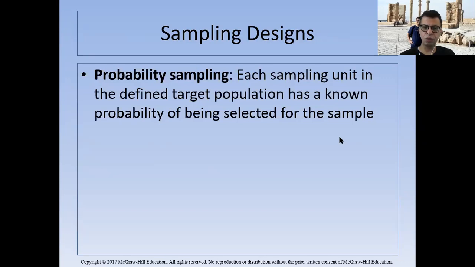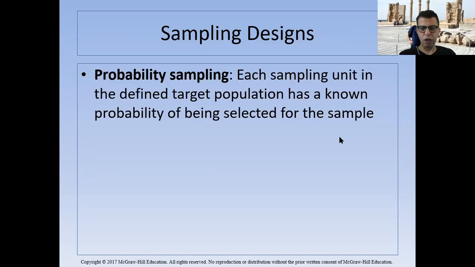There are two types of sampling: probability sampling and non-probability sampling. Probability sampling says each sampling unit in the defined target population has a known probability of being selected for the sample.